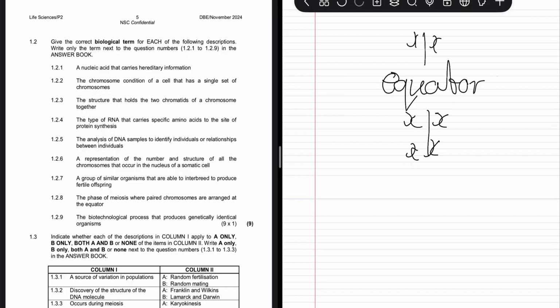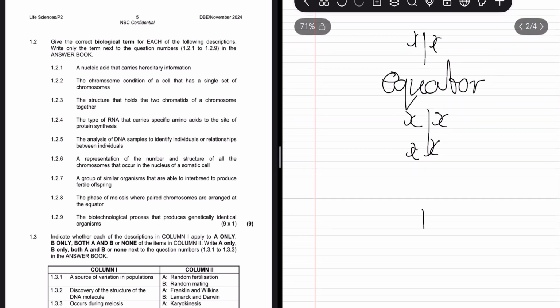So you must remember that it's either we have a chromosome at the equator, or in meiosis 2, it wouldn't be a full chromosome because they would have split at the end of meiosis 1. So then this is what we would have, because we wouldn't have a full chromosome lined up. So to have a chromatid. So basically, because it's a full chromosome, we know that it would be meiosis 1.